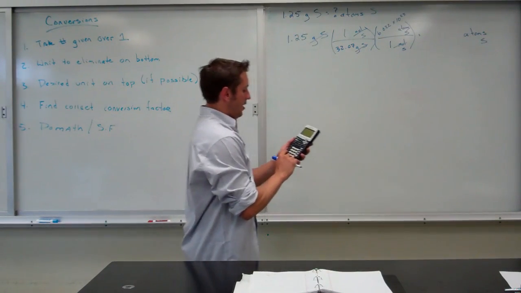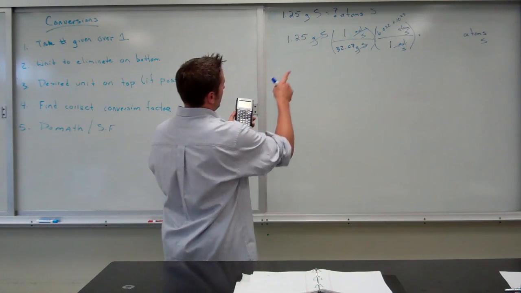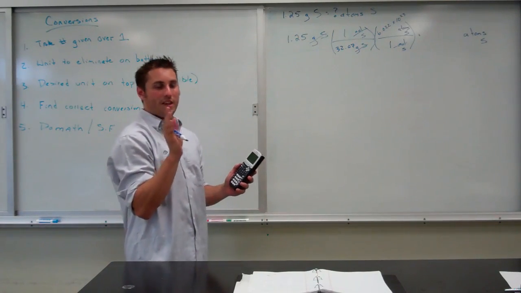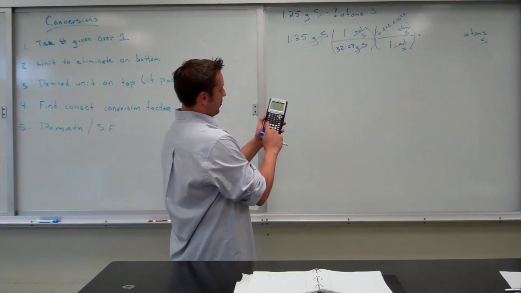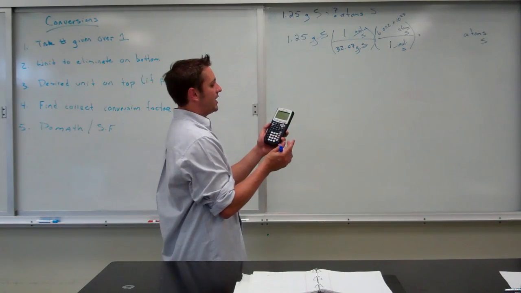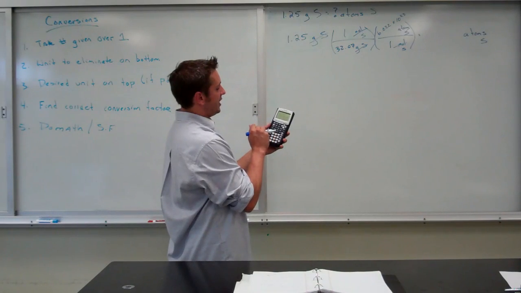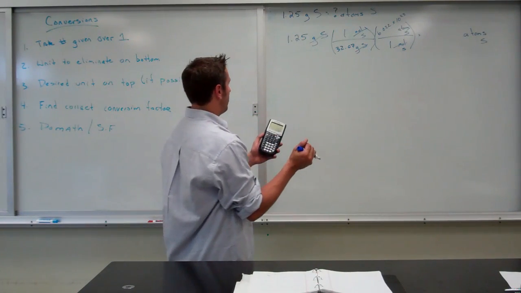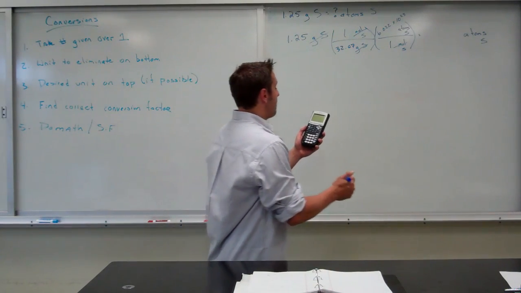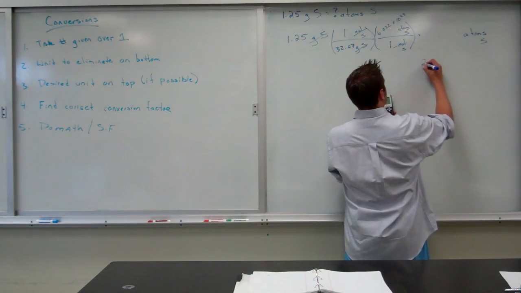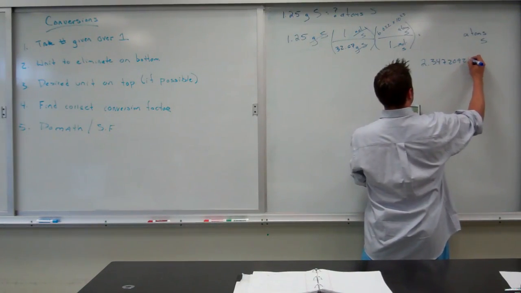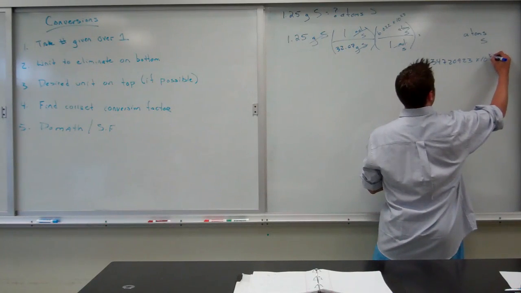Now we do the math. 1.25 times 6.022, and remember, 10 to the 23rd, hit second, your button above the 7, and an E pops up, and then 23. So my calc says 1.25 times 6.022 E 23, and then divided by the 32.07. My calculator says 2.34720923 times 10 to the 22nd.